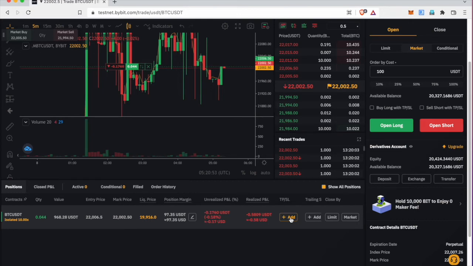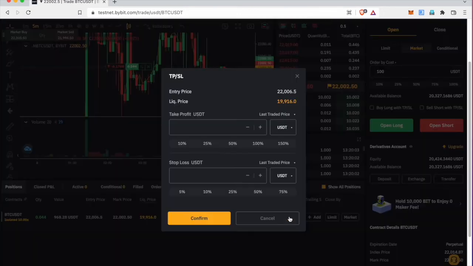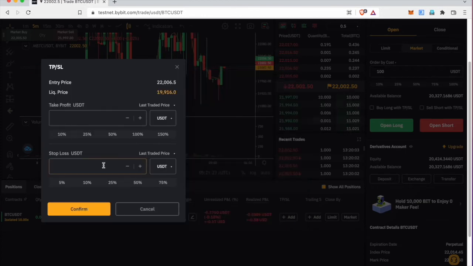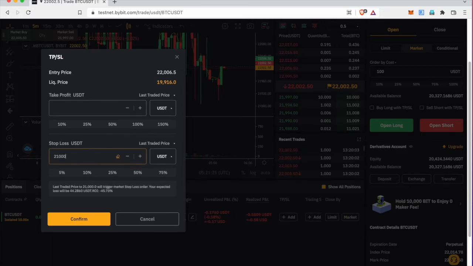Most trading platforms have a stop loss function. Stop loss is a function that helps you cut your losses automatically when you're in a losing trade. For example, if I set my stop loss market price to 21000, I would have lost about $44 out of my $100 trading fund.